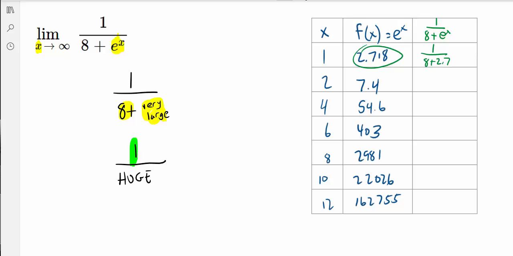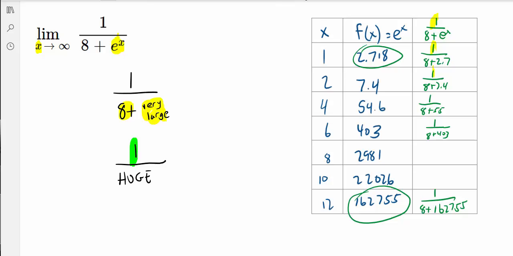Let's just round it to 2.7. Then you would have 1 over 8 plus 7.4. You get the idea that adding the 8 really actually doesn't make the denominator that much bigger once you get to numbers like 162,000, right? This one's going to be 1 over 8 plus 162,755.